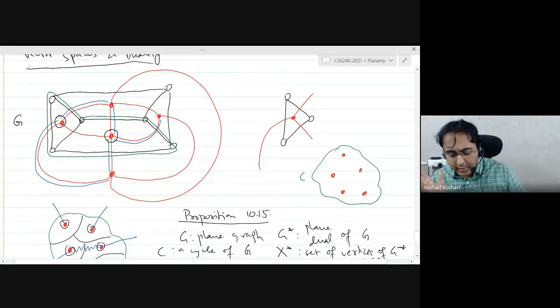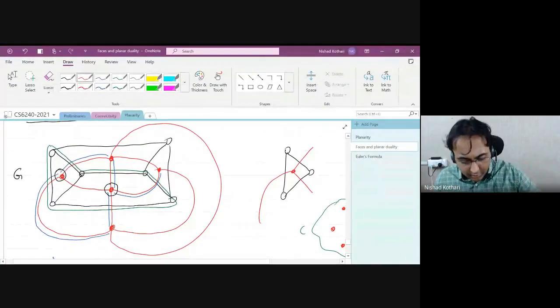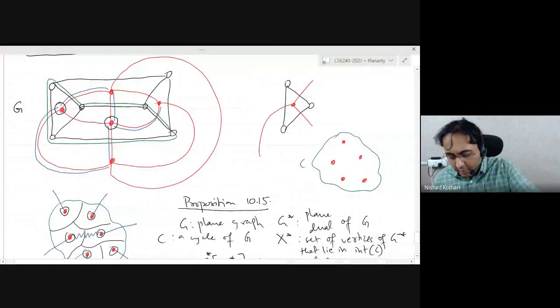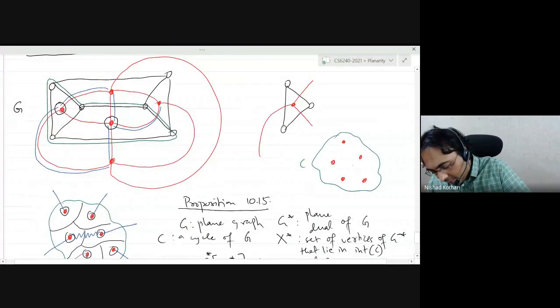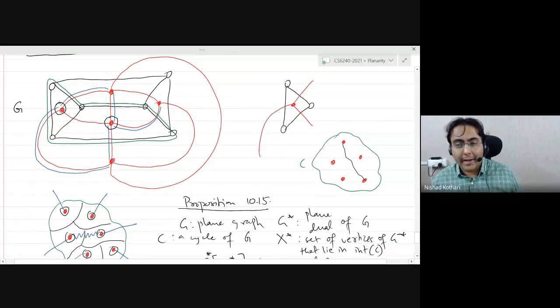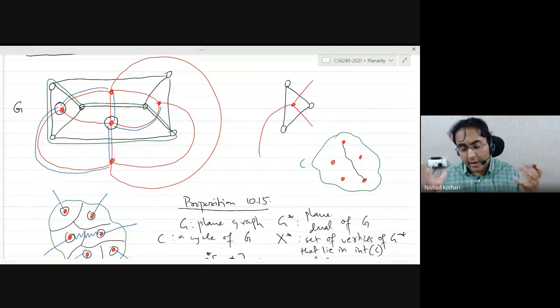Notice that in the plane, if you take any such closed curve, you will be able to connect any two vertices by an arc. This is basically the Jordan curve theorem. You have the interior and the exterior of the closed curve, and both of these are arc-wise connected. What that means is that for any two points, you can find an arc connecting them.